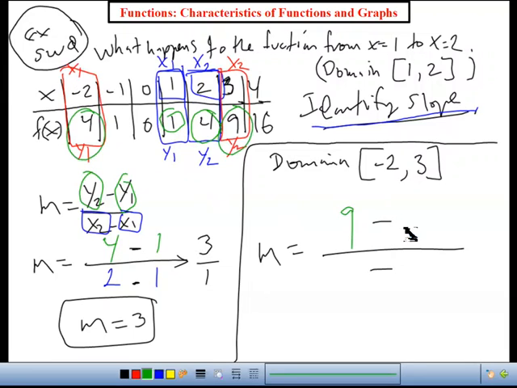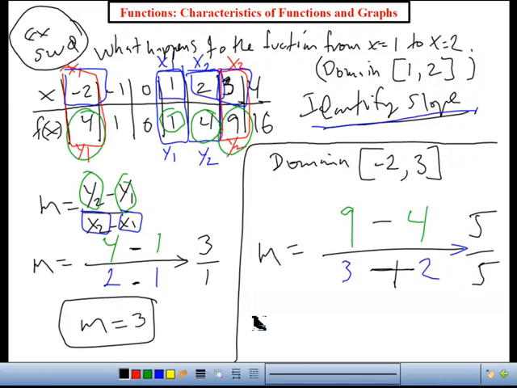So 9 minus 4. X sub 2 is 3, and x sub 1 is -2. So it's 3 and -2. Here we have negative times a negative is a positive. So this is 5 over 5. So my slope is 1. Hands up if you got that.